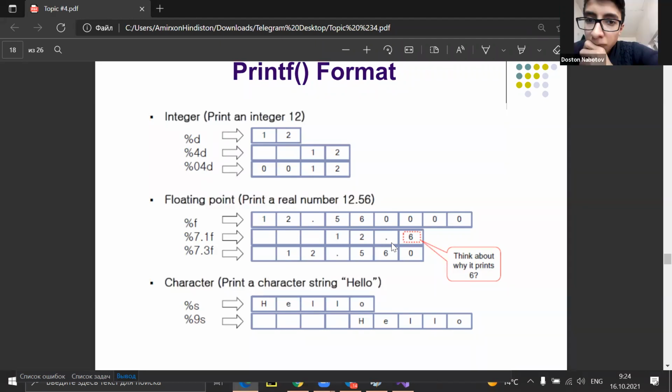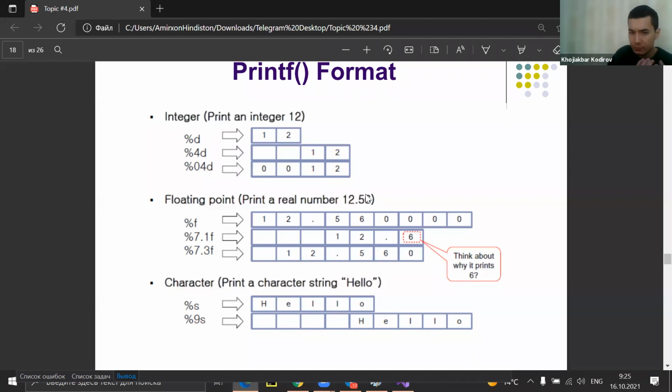Look, when I need 3 numbers in the floating part, I'm getting 5, 6, 0. When I'm not mentioning, I'm getting 5, 6, and 4 zeros. But when I need just one number in the floating point, I'm getting 6. Why is it? Because it's telling that we only get one number after the point. Why is 5 being changed to 6?